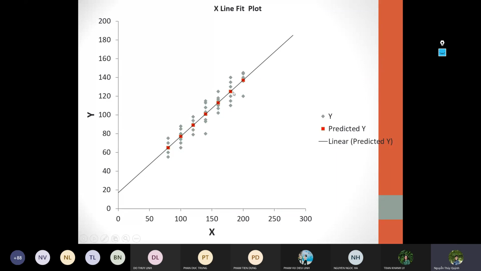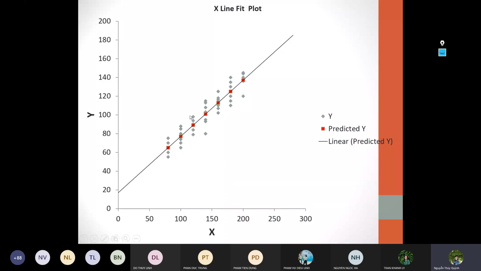This shows the rule, or the relationship, between X and the conditional expected value of Y for the whole population. All points that lie on the population regression line represent the conditional expected value of Y.